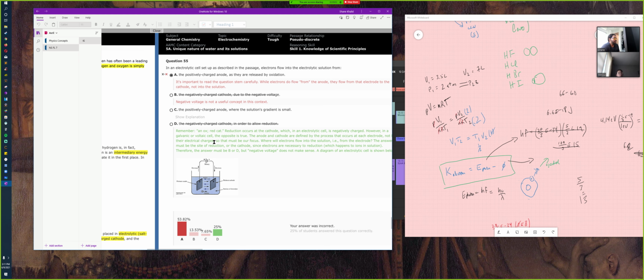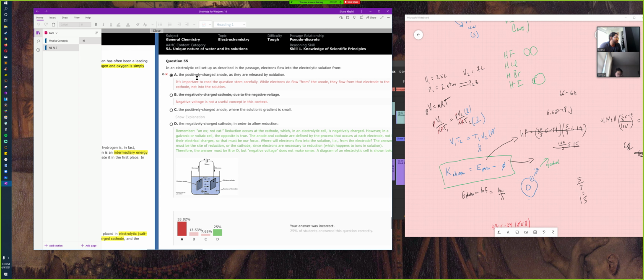I just always thought that electrons flow from anode to cathode for both electrolytic and galvanic cells. It'll happen for a galvanic cell until it loses all of its electrons and becomes positive, and the other side gains it all and becomes negative. Then you would add an external source to force that to happen again.